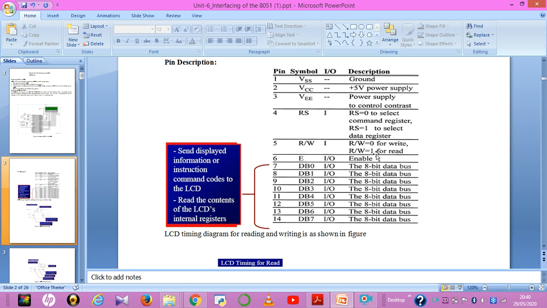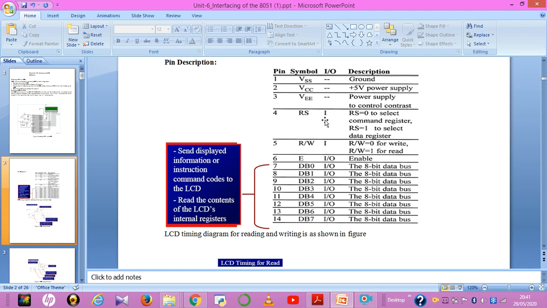Read bar W equal to 1 reads from the LCD. Next, pin number 4 is RS, again an input pin. RS equal to 0 selects the command register. RS equal to 1 selects the data register.